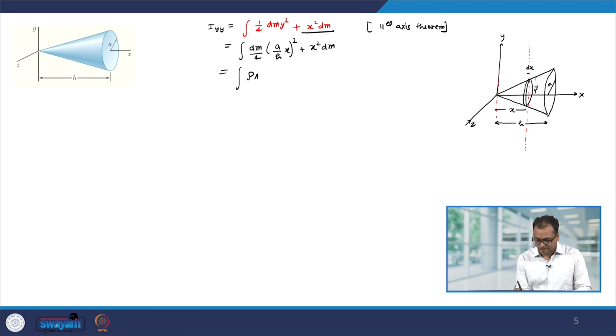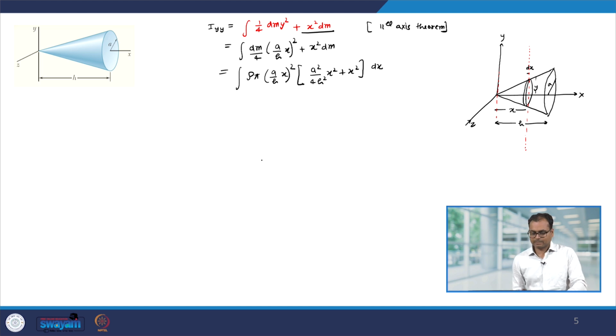So, rho pi y square is a over h into x square. So, let me take this dm outside. Okay. And then I have a square over 4 h square x square plus x square and then dx. Okay. So, I just put the value of dm here in terms of rho. Okay. So, this I can solve now.